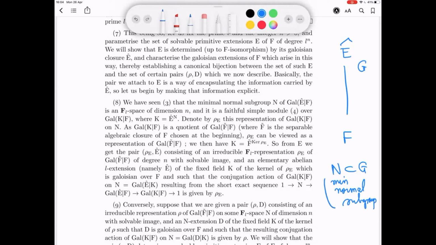Actually, there's going to be a unique minimal normal subgroup. And then I have this E hat.